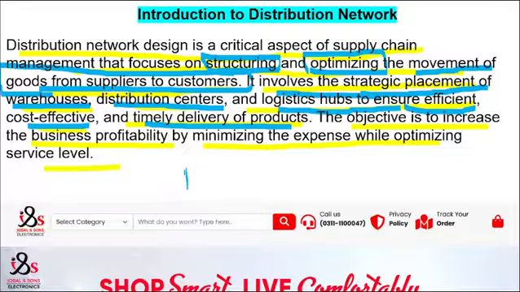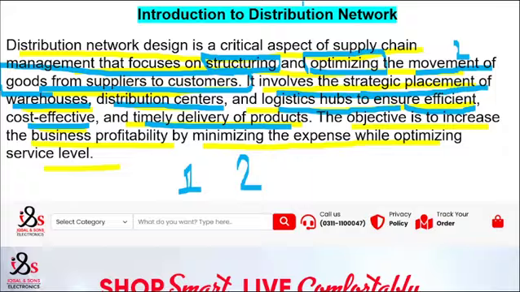The first part says about the structure. The second part talks about what the structure is: the movement of goods from supplier to the customers. Second part is from here to here: the movements of the goods from supplier to the customer.